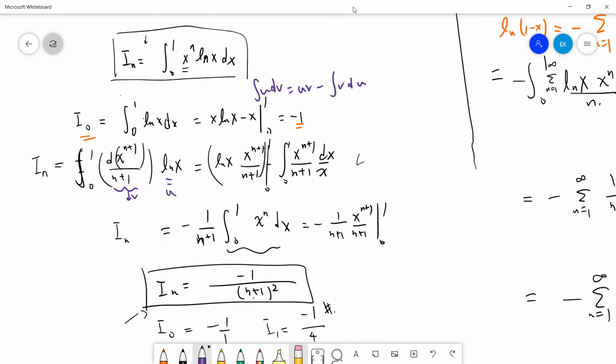So u will be ln x, and dv will be this, and the differentiation of ln x is 1 over x. Then you put x equals 1, and ln 1 gives you 0. You put x equals 0, and the power of x dominates ln x, so it is easy to show that this part will vanish. So your I_n will be minus 1 over n plus 1 times the integral from 0 to 1 of x^n dx, and finally I_n is negative 1 divided by (n plus 1) squared.